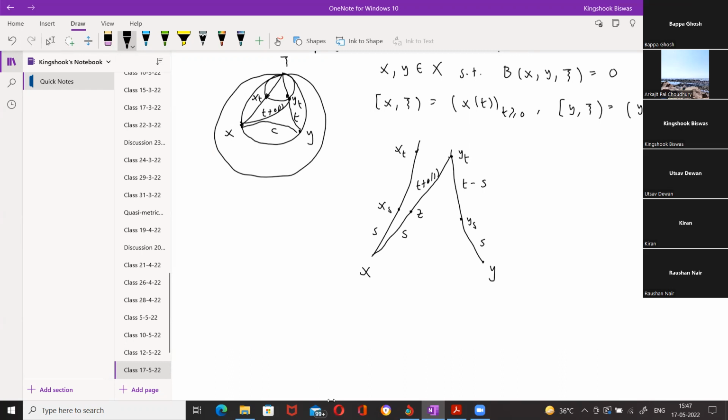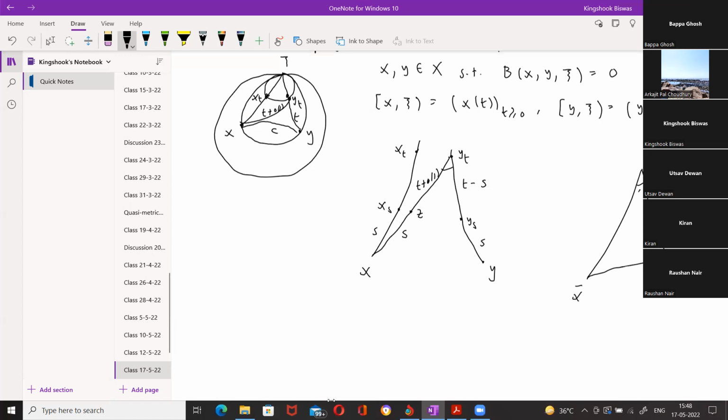So the first thing is that if I look at the angle theta here at y_T, I draw a comparison triangle x bar, y bar, y_T bar.